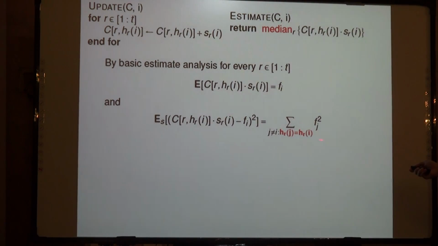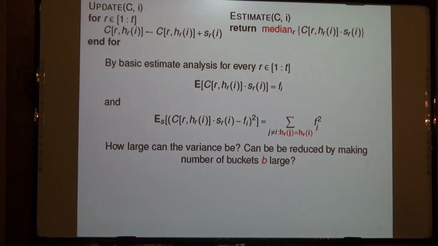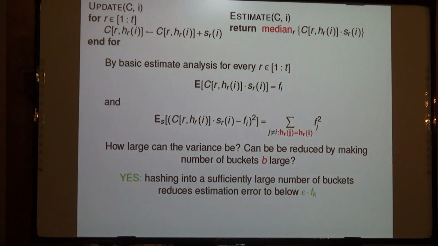So this will be smaller in general, and we're adding up the squared frequencies of those elements. So this is exactly the reason why we are hashing into b buckets. The question is, does this help reduce the variance? And the answer is it does. We'll do the precise analysis at the beginning of next lecture. One can expect that this reduces the variance by about a factor of b.